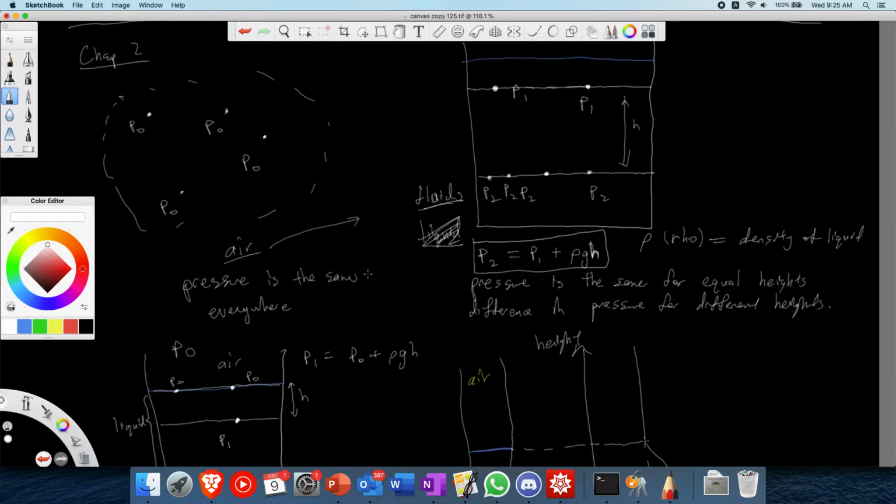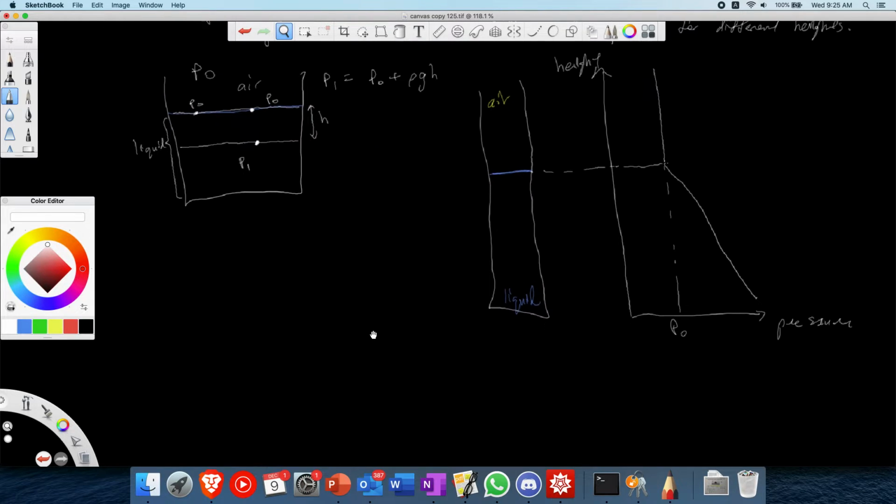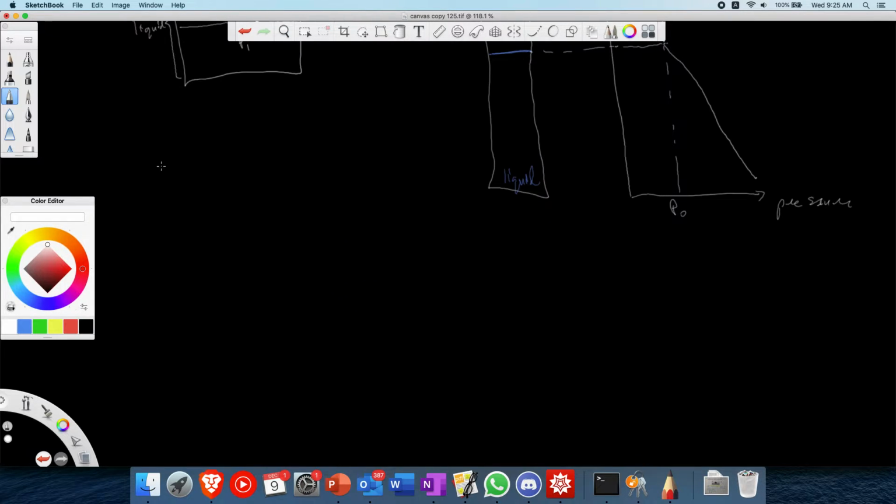Then why did I say pressure is the same everywhere? That is because the density of air is really low. Let's say I have a container of air, and I want to ask what's the difference in pressure here and here. If this is P1 and this is P2, then P2 minus P1 equals rho of air times g times h, where h is the vertical distance they are separated by.